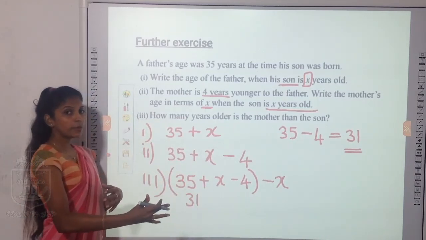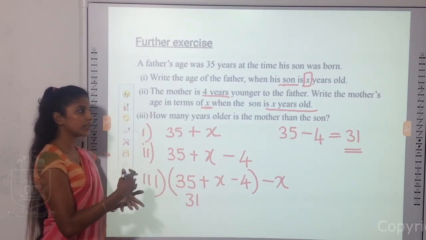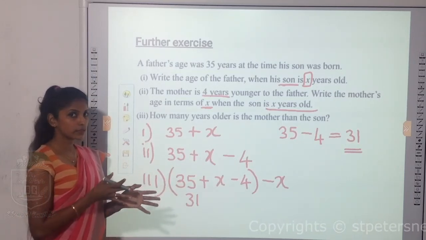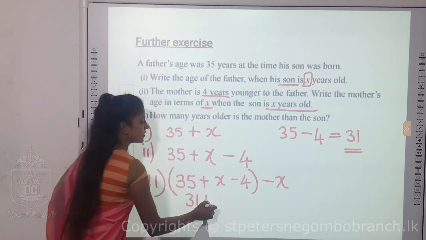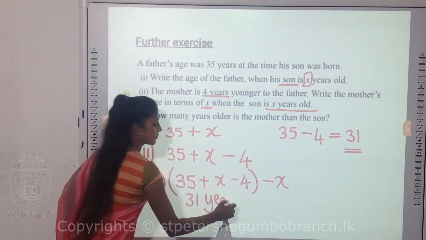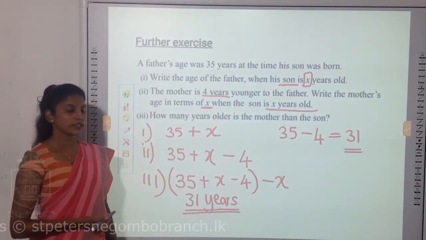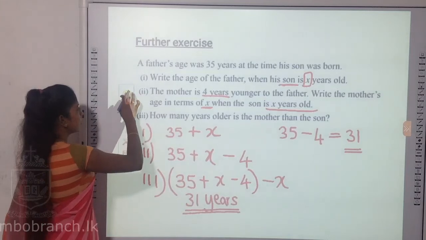So age gap between mother and the son will be 31 years. When the son was born, age of mother is 31 years old. So this is the way of constructing expressions and also simplifying expressions.